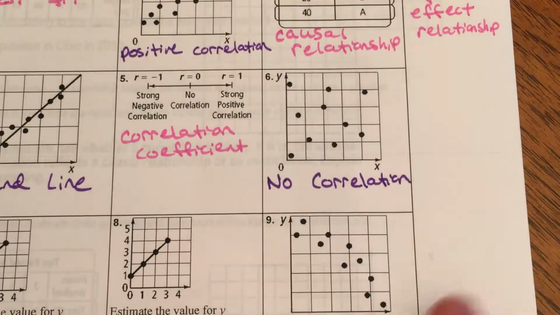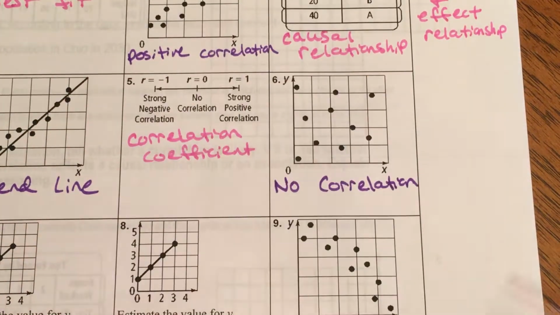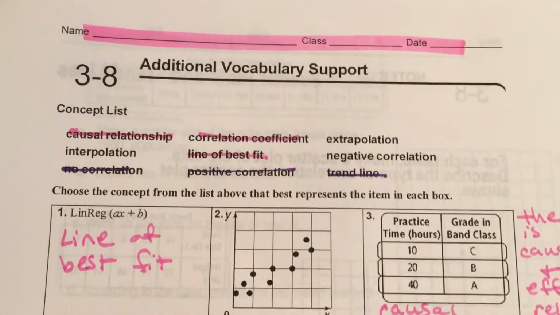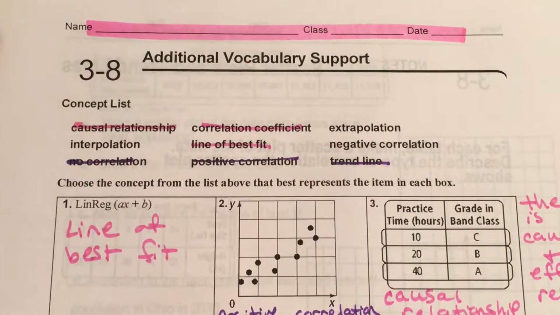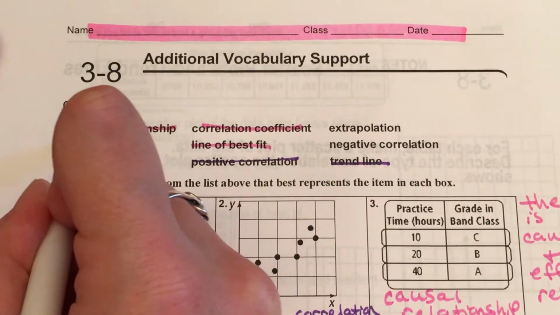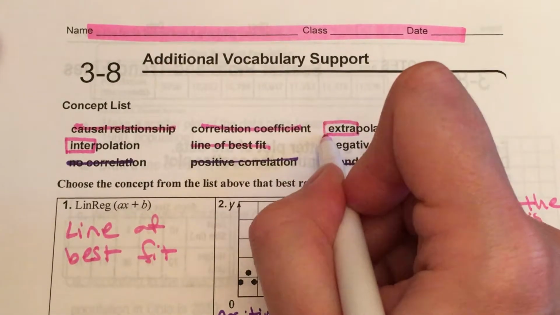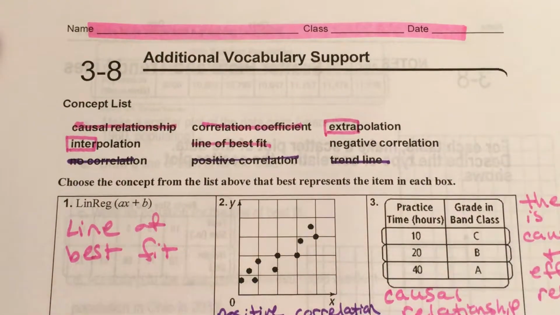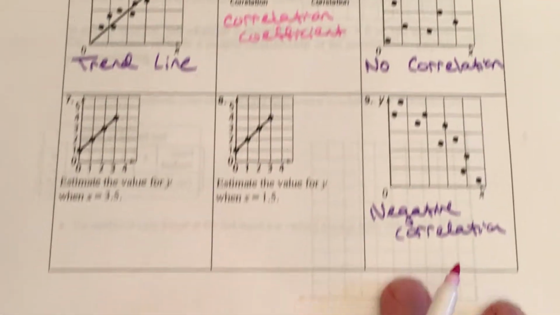My calculator's going to sleep. All right, so we have 2 more words to look at, and they are up here on our list: interpolation and extrapolation. Say that 10 times fast. So this is your big hint, inter and extra. So let's go down and look at number 7 and number 8.